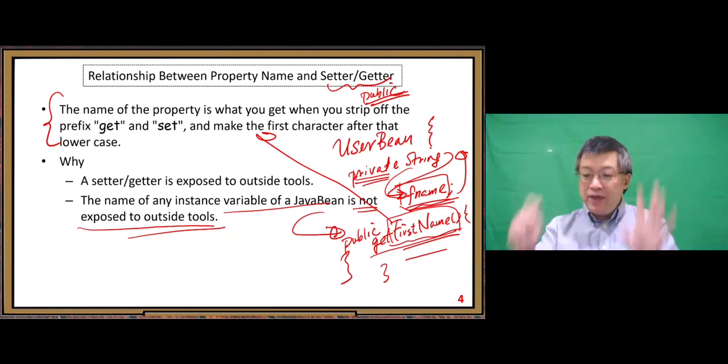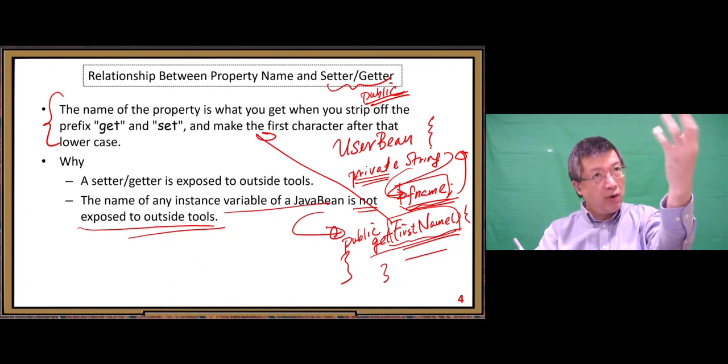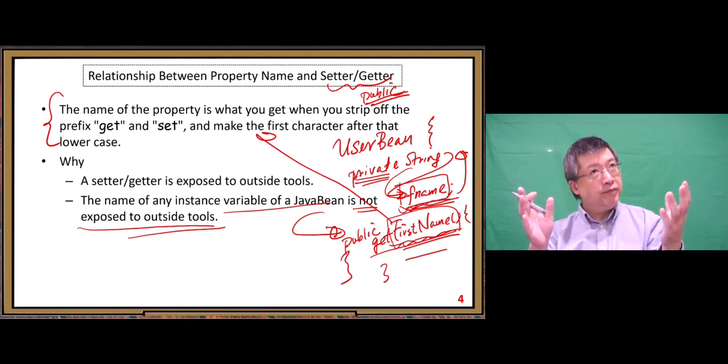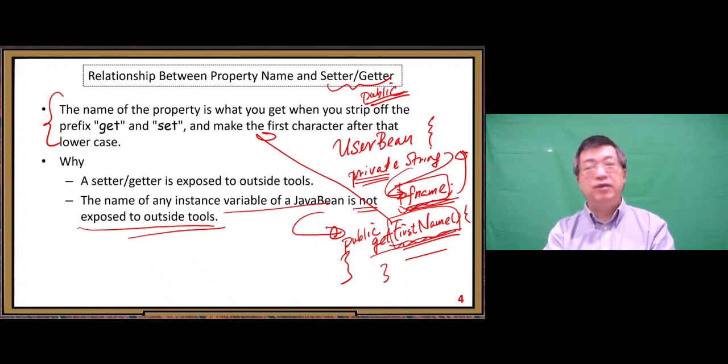Although most of the time they are equal. Java programmers make the property name and instance variable name equal 90-something percent of the time. But they don't have to. If you do not make them equal, it still works well.